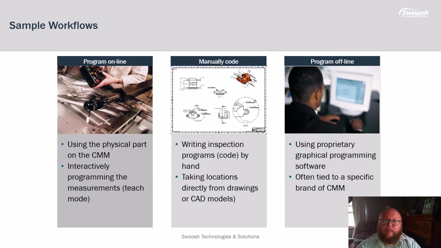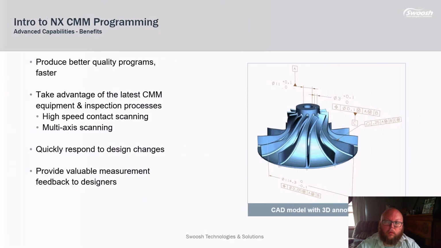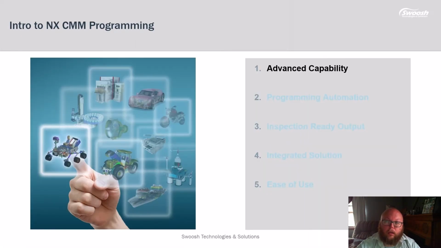And lastly, we don't have this limitation of being tied to a specific piece of equipment. We can utilize any equipment we want within our environment and post out our information to particular CMMs.